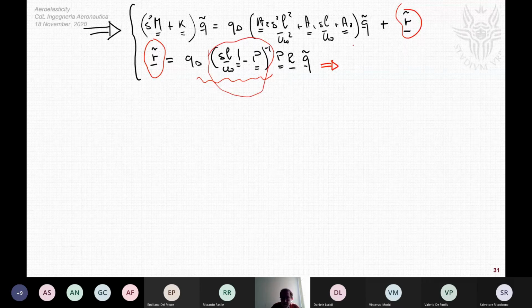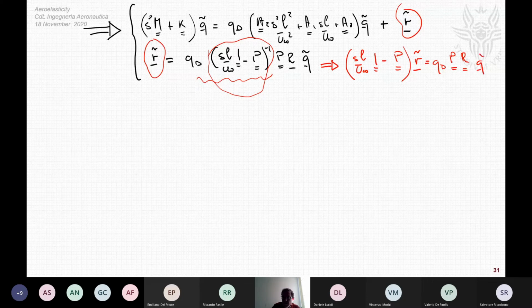You obtain algebraically this as L by U infinite identity minus P R equal to Q D P R, P matrix, R matrix, Q tilde, and this formal multiplication is the transformation of the integral into a derivative.